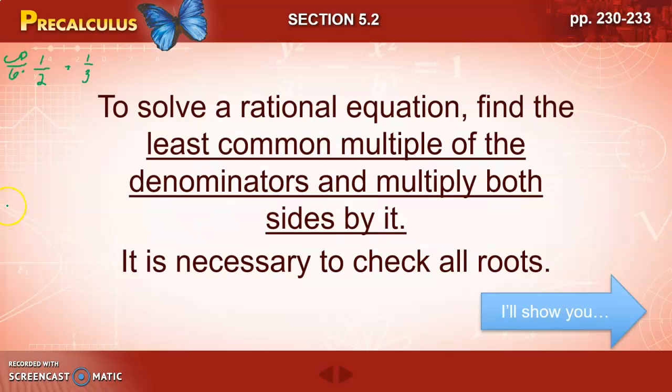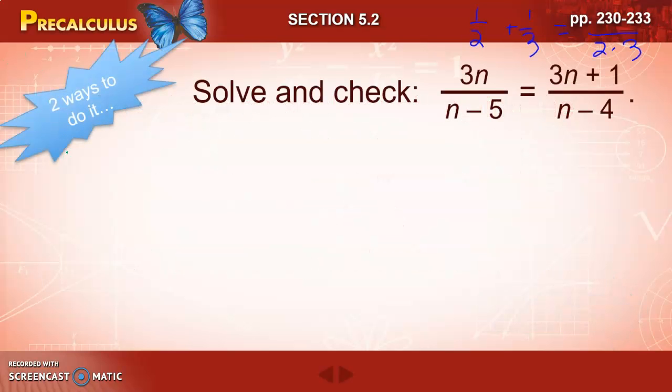You're going to see the same thing when we work with rational expressions, that we're going to look at the individual factors and find a common denominator. So let's take a look. Okay, you have that 1/2 and 1/3 there. All right, so we have 3n over n minus 5 equals 3n plus 1 over n minus 4.